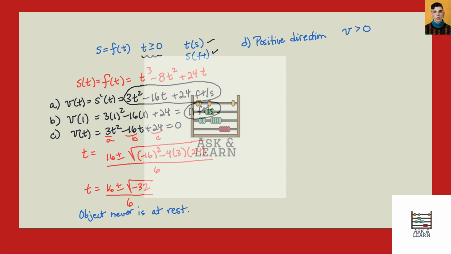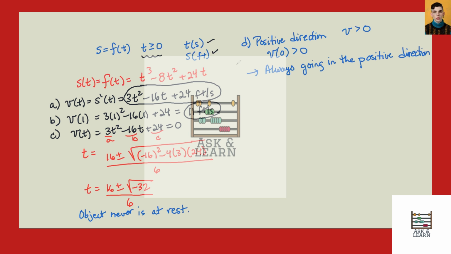So let's plug in t is 0 and it's positive. Since v of 0 is greater than 0 and we never stop, that means we're always going in the same direction. So the object is always going in the positive direction. Okay, good to know.